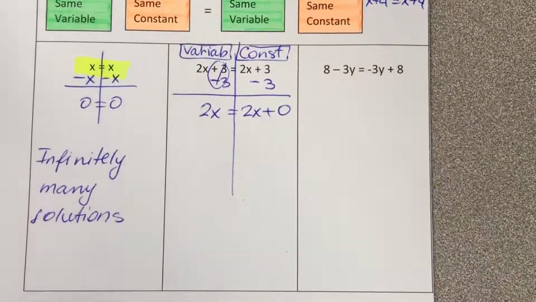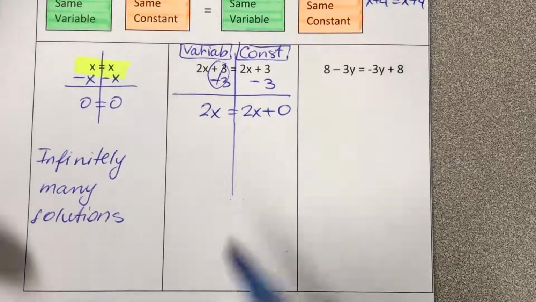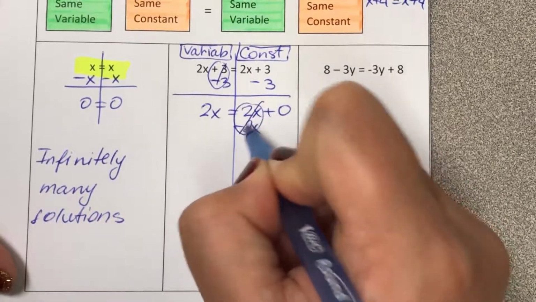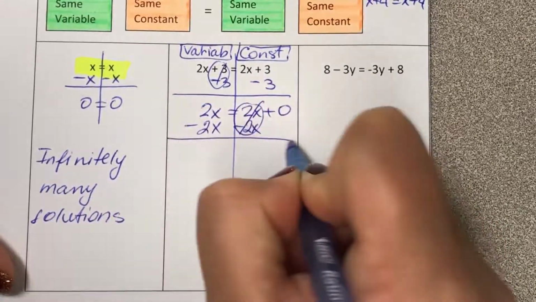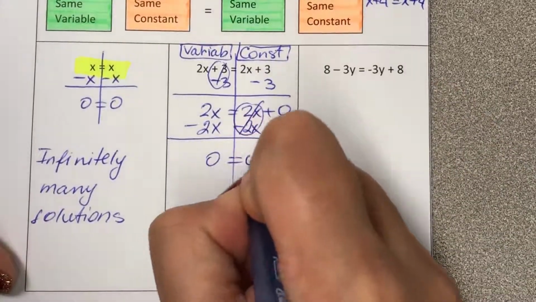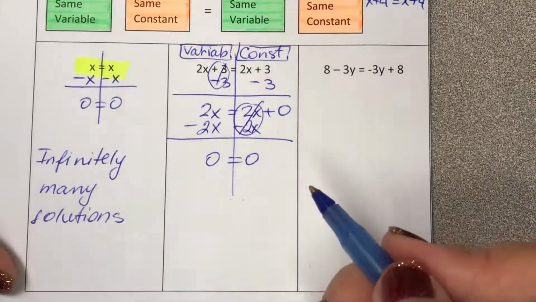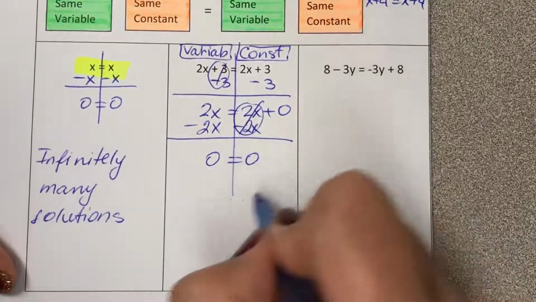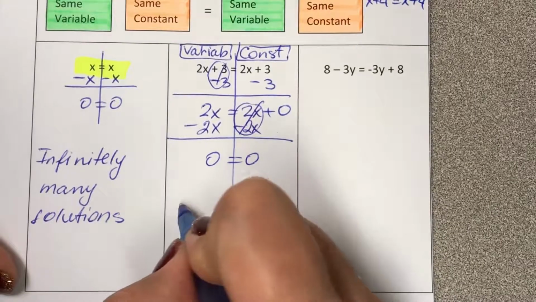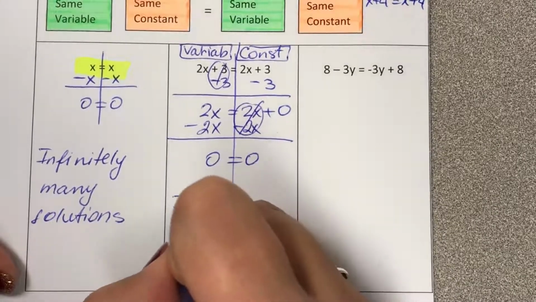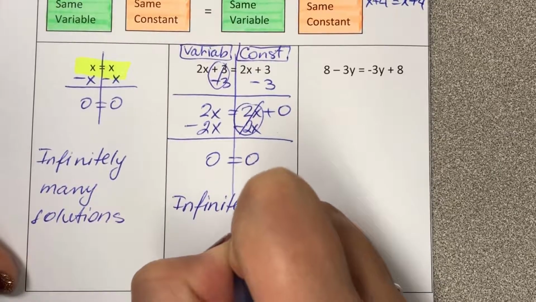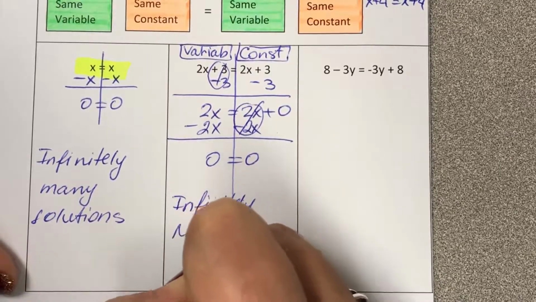Then if I try to remove the variable term from the constant side using the inverse operation, I have 2x minus 2x, which is again 0. 0 equals 0. That is a true statement. A true statement with the variable not in there, because it got canceled out, results in the answer infinitely many solutions.